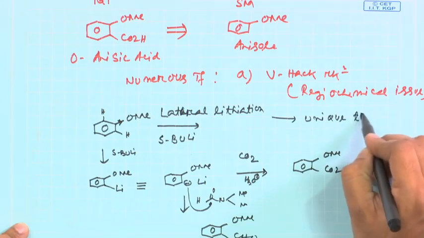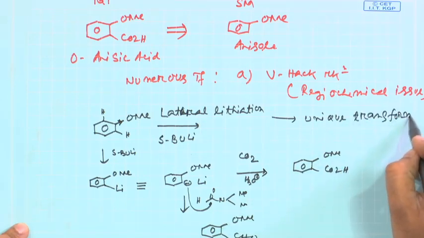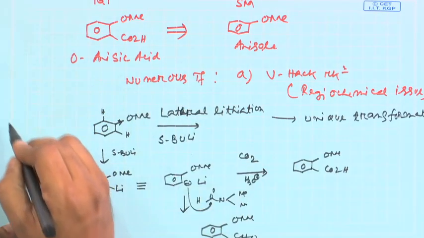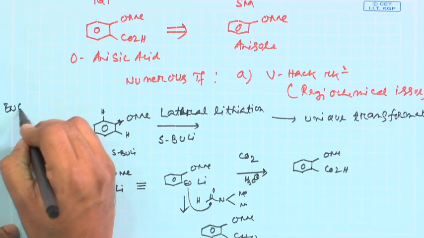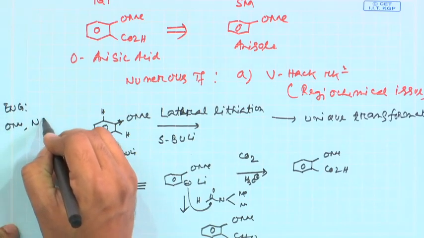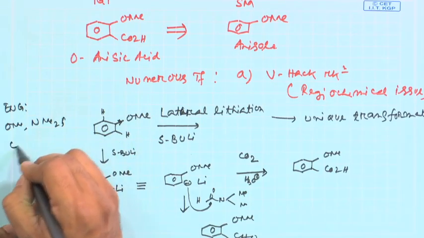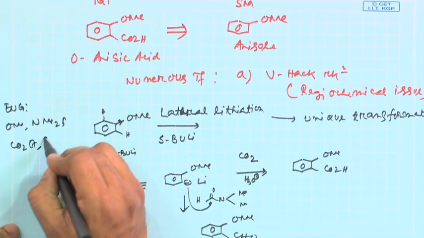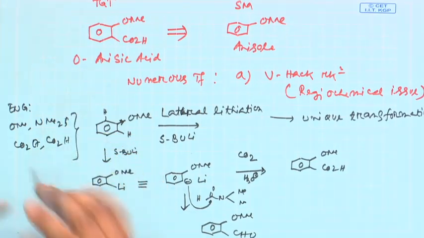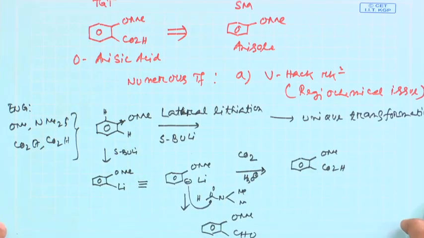Now, this particular lateral lithiation is a very unique transformation, and it will help you functionalize the aromatic nucleus when electron withdrawing groups, mainly OMe, NMe2 or NR2, CO2Et, CO2H, are present. Those are essentially required to activate the aromatic nucleus, and then you can do a lateral lithiation.